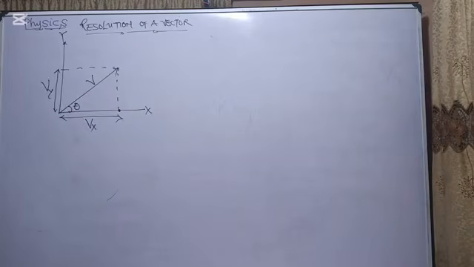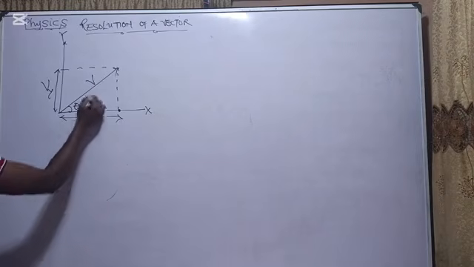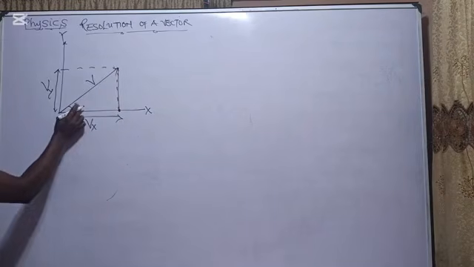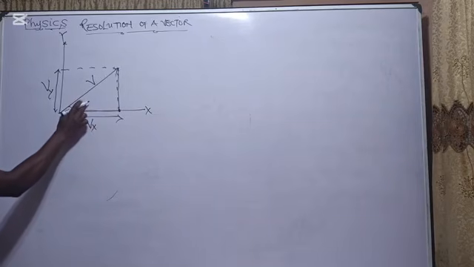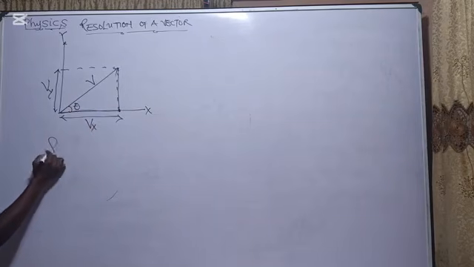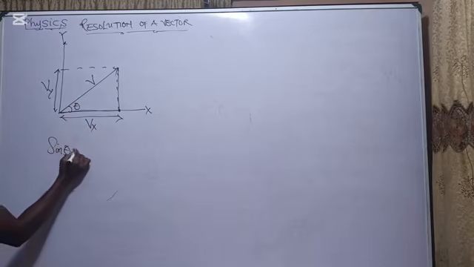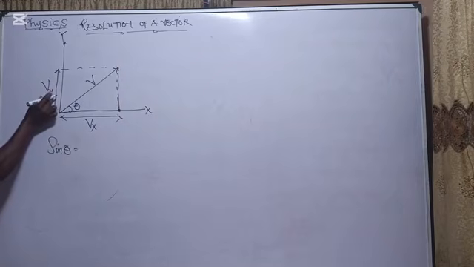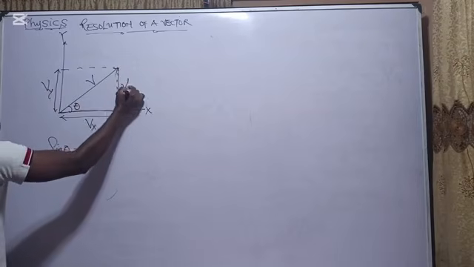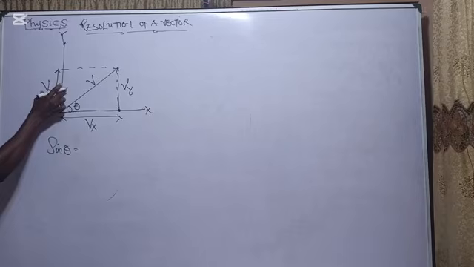So now the two components of a vector, if you sum it up, you are getting back this very vector v. So in that case, what we have here is the opposite to this very angle, while here is the adjacent to this very angle. So if we consider sine of an angle, we are getting opposite, which is equivalent to this vertical component. The opposite here is Vy, equivalent to this very side.